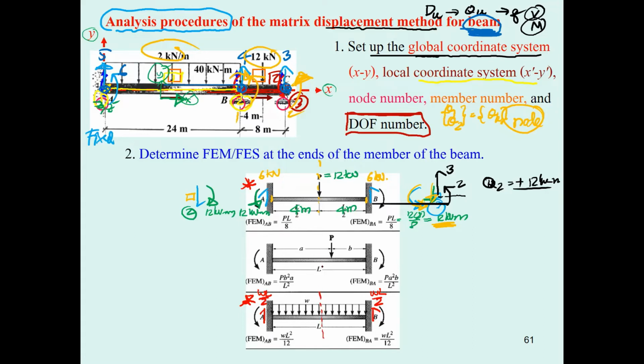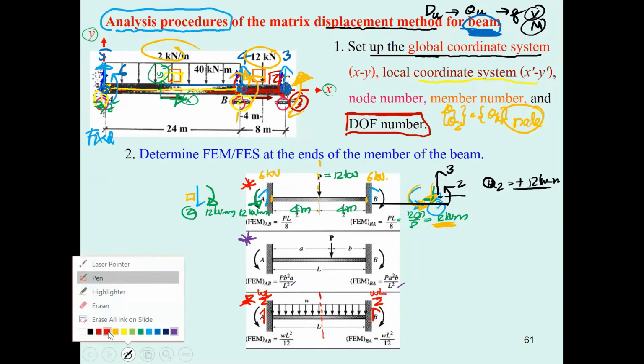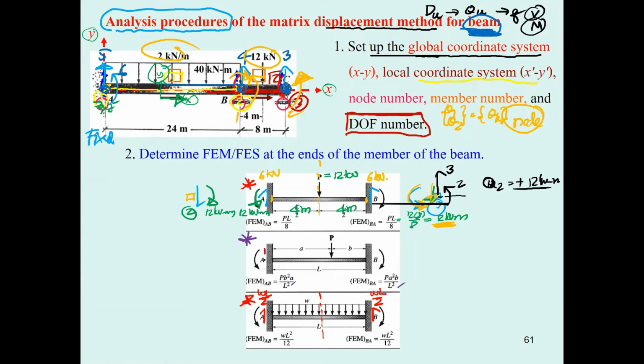But for a beam that has a more complex loading, like this one, I will give you the fixed end moment, and you are supposed to be able to determine the fixed end shear that occurs over here. After you find the fixed end moment of this beam, you may use the free body diagram and the equation of equilibrium to determine it.